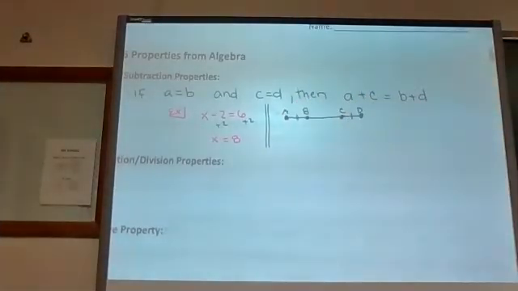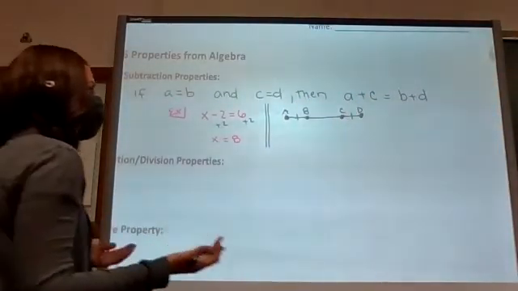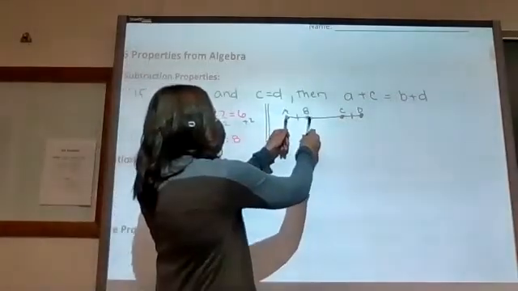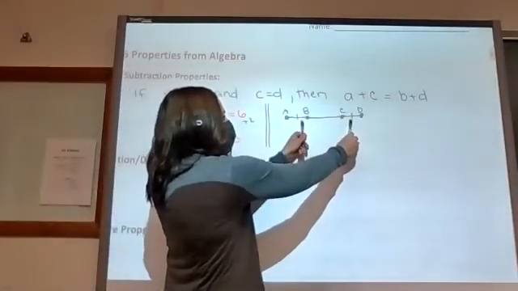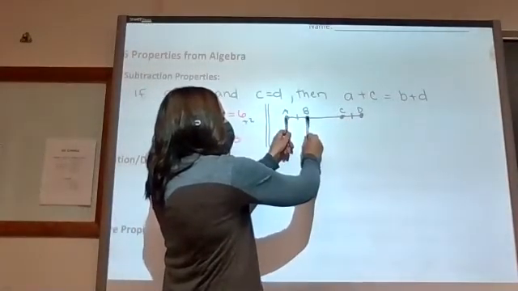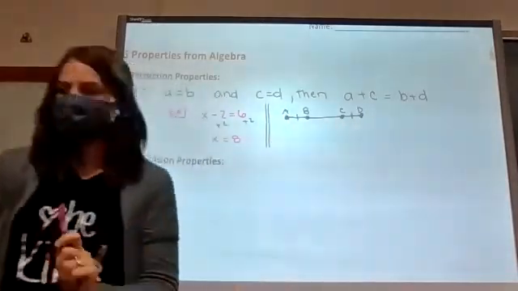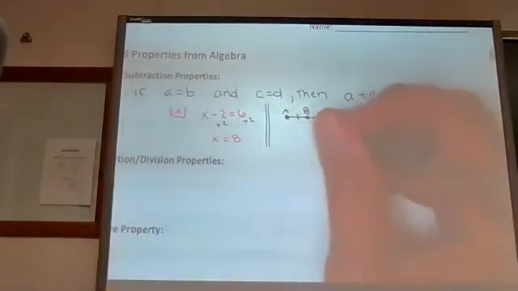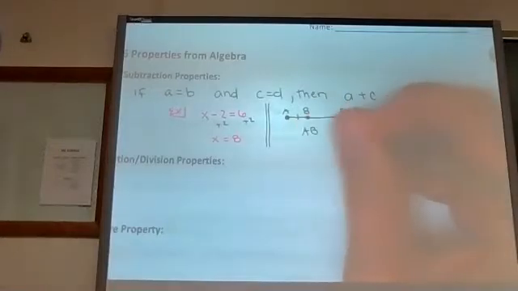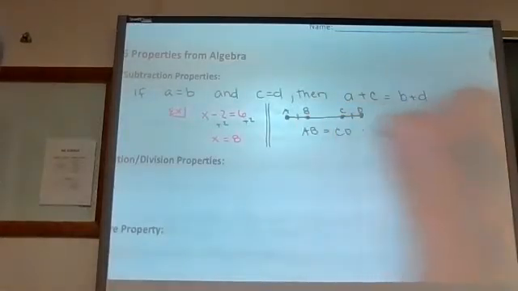What do those tick marks mean? That they're equal. So I know, because of the way the diagram is drawn and the tick marks I marked, that AB is the same length as CD. So I know that AB is equal to CD.